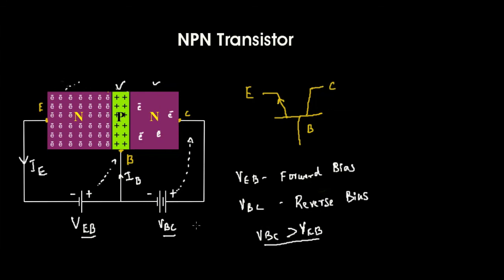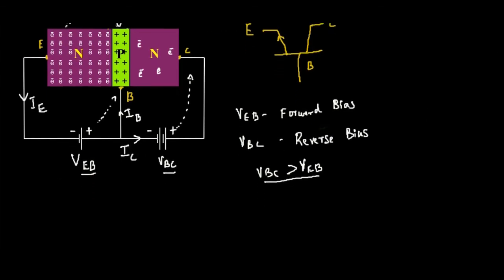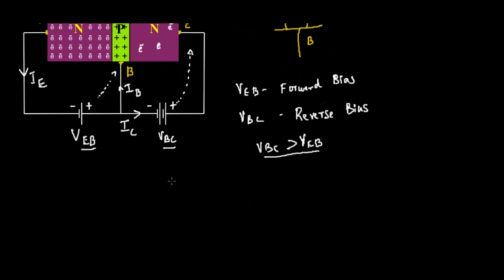Because of this movement of charges from the emitter to the collector, a current will be constituted, and that will be IC, right? Now we'll write an expression for this. According to Kirchhoff's current law, IE is equal to IB plus IC, right?